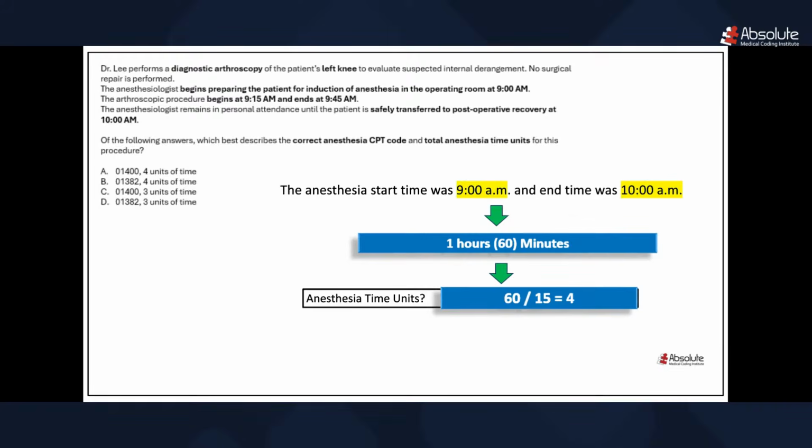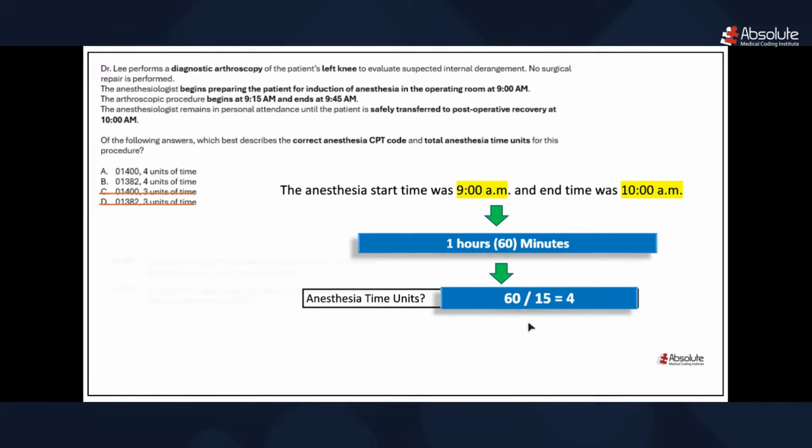So we have 4 anesthesia time units in our scenario, and if I know that, it helps me eliminate option D and option C. So you are left with option A and B, because option C and D both are coding for 3 anesthesia units. So option C and D are wrong and we are left with option A and B. Both have 4 units of anesthesia.